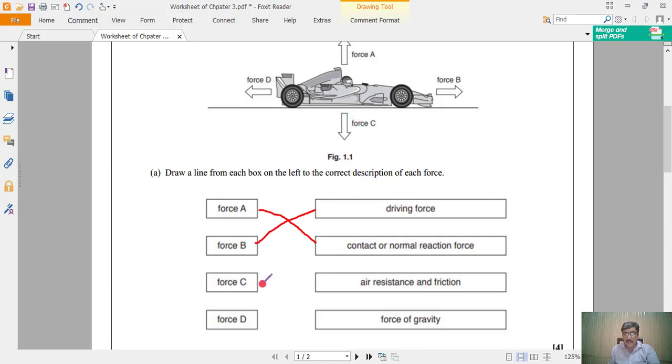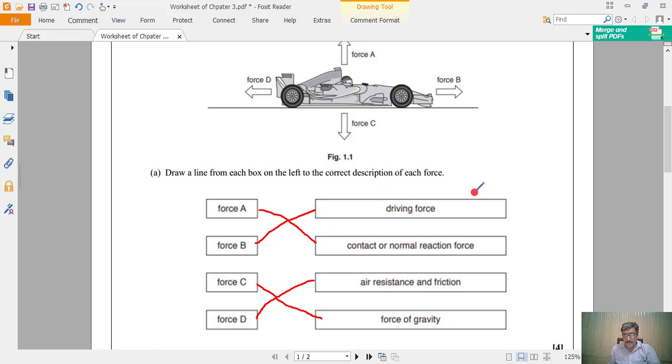So force C is indicating the force of gravity. Force D: as the car is moving in the direction of force B, in the opposite direction air resistance and frictional force are acting, so force D is indicating air resistance and friction. Hope it is clear to you how these forces are going to be connected with the correct description.